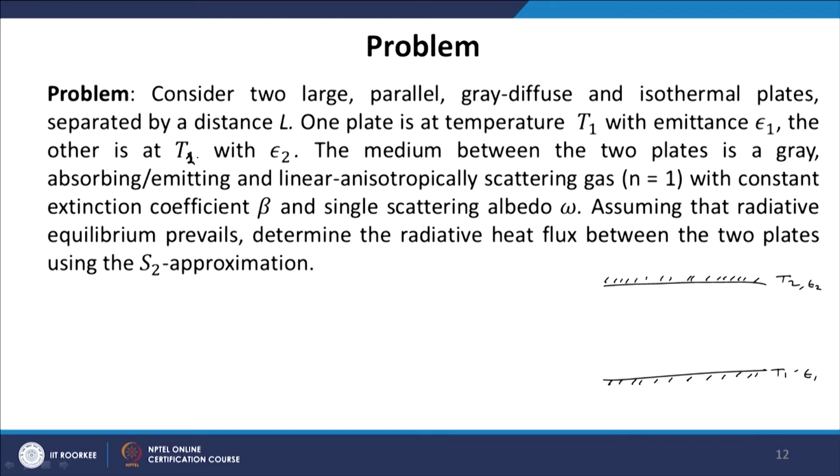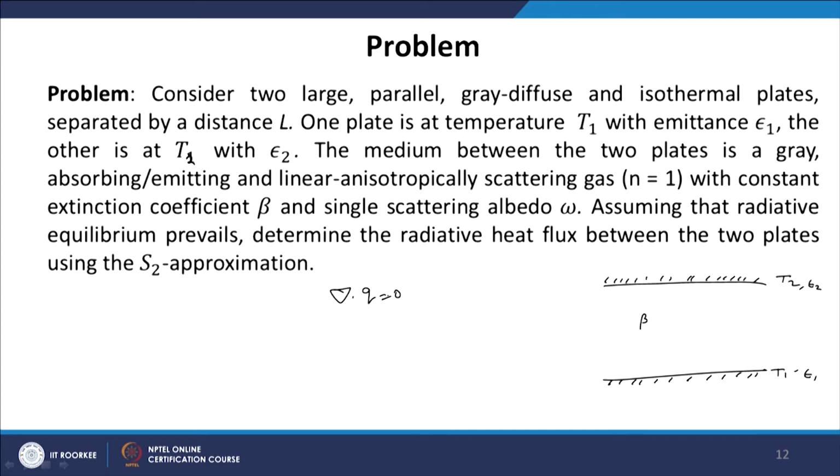The medium between the two plates is a gray, absorbing, emitting and linearly isotropically scattering gas. We take extinction coefficient beta for the medium, and assuming radiative equilibrium prevails, that is del dot q is equal to 0, we have to find the radiative heat flux between the two plates using the S2 approximation method.